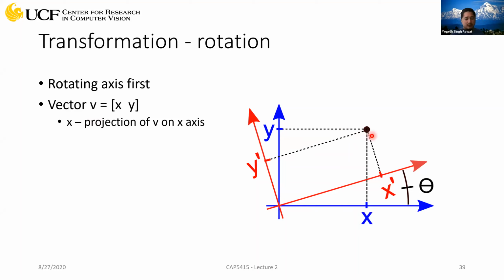Now, if we have to get the position of this vector corresponding to the transformed axes, x prime and y prime, again we'll have to get the projection of this point on x prime and the projection of this point on y prime. So the representation will be this distance, and the second element will be this distance.